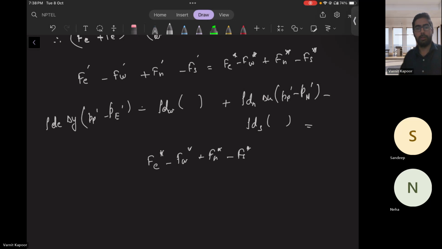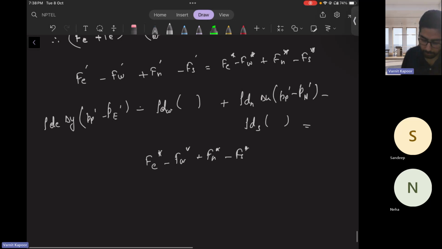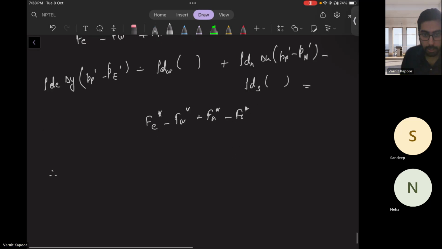Okay. So write it in the standard form. Therefore, you can say that it is AP PP dash equal to summation of A and B, PNB dash plus.